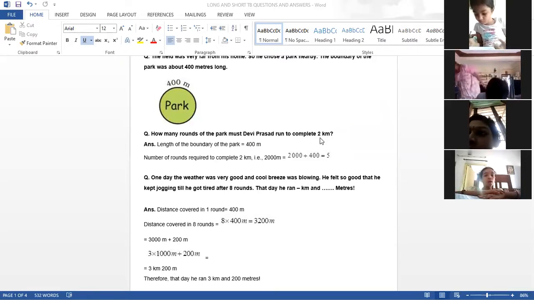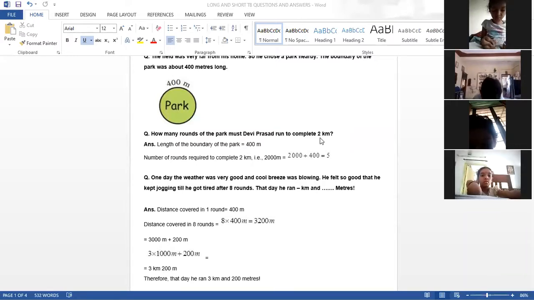So you can write this as 3,000 meters and 200 meters, separate. 3,000 meters means 3 kilometers, and 200 is as it is, meters, no change. If we want the distance covered by him in kilometers and meters separately, 3,000 meters means 3 kilometers, and 200 meters will be as it is, 200 meters.